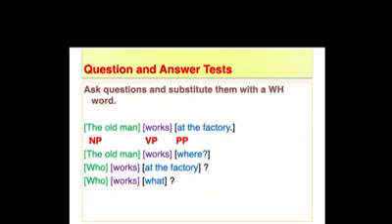Now, if we do this, we say, the old man works where? So it's acceptable. Okay, who works at the factory? If we ask a question about the old man. Now, what about if we ask a question about both the NP and the prepositional phrase? We can say, who works where? Okay?